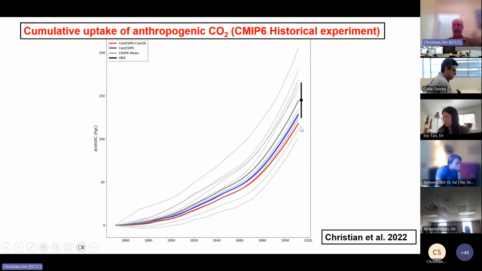In red and blue are the two CMIP6 contributions. You can see they're pretty similar and well within the range. Both models are biased a little bit low compared to the observations or the ensemble mean, which probably has to do with the relatively weak meridional overturning circulation.